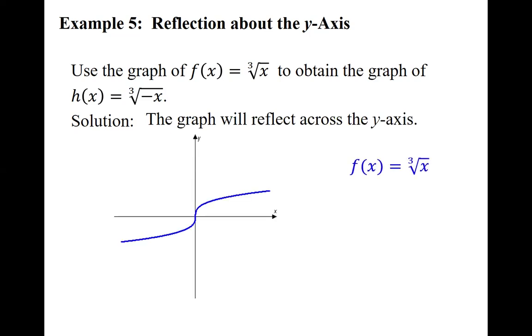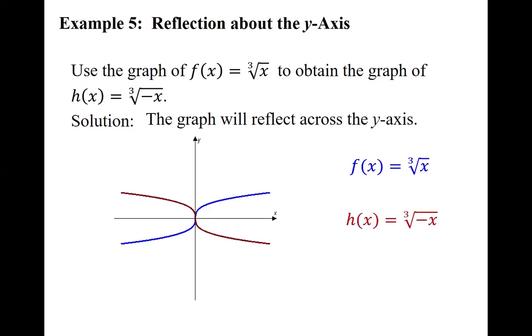So we take our original graph shape, and anything to the right moves to the left, anything on the left moves to the right. So we get this red h of x, cube root of negative x. Notice this actually would have been the same as negative cube root of x.